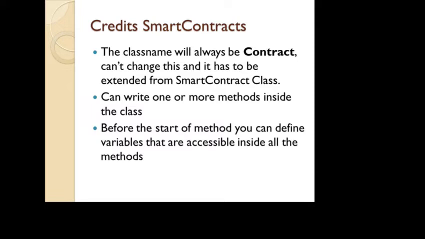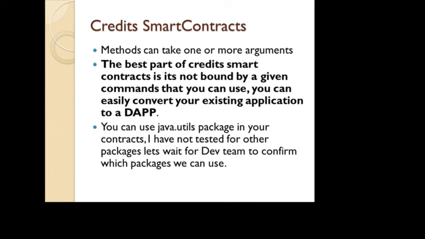You can write one or more methods inside this class, just like any other class, and you can define some variables in this class that you want to access publicly in all the methods that you're defining in this class, right? I will show examples of them in the later slides.